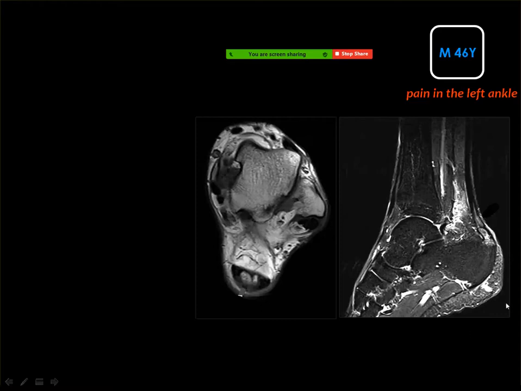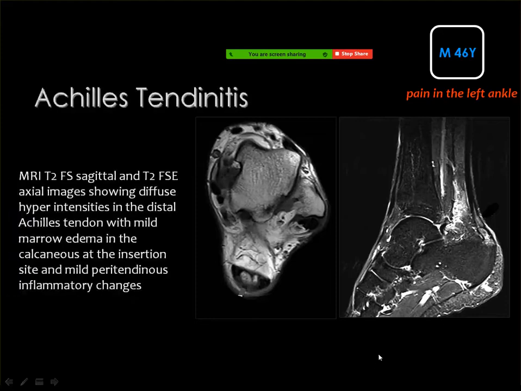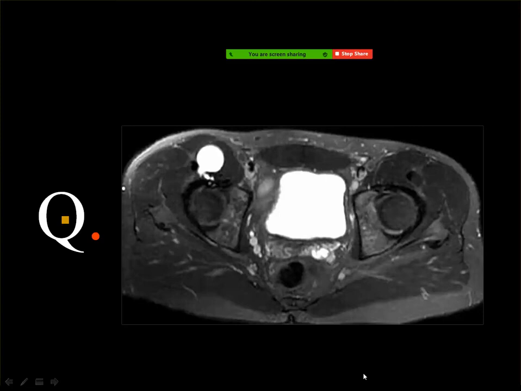But here you see a bright signal inside the tendon itself, and there are some intact fibers superficially and deep. This may represent that the tendon is partially torn, or you have Achilles tendonitis or tendon degenerative changes. For Haglund syndrome, you need some fluid anterior and posterior to the Achilles tendon.